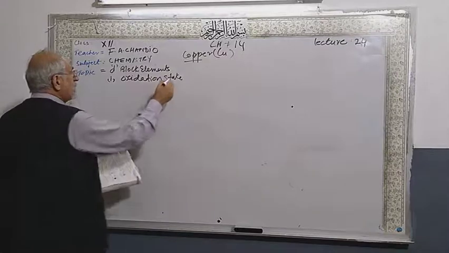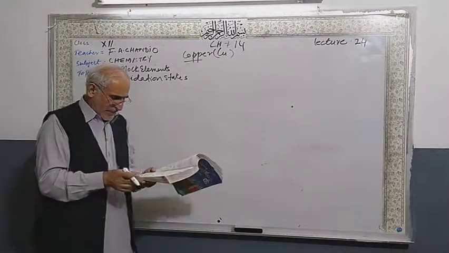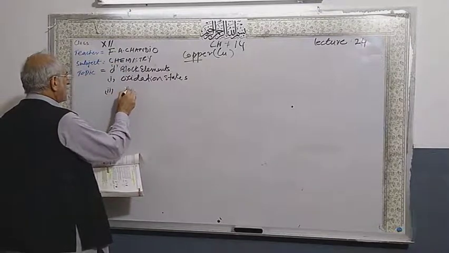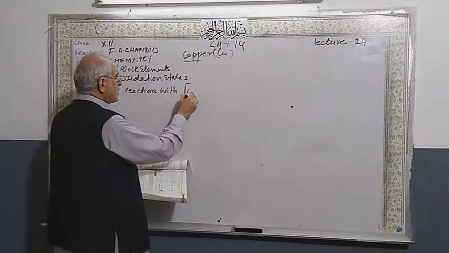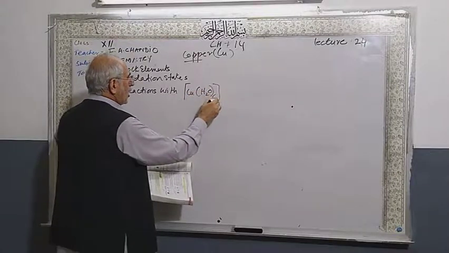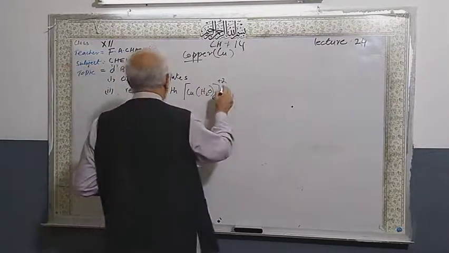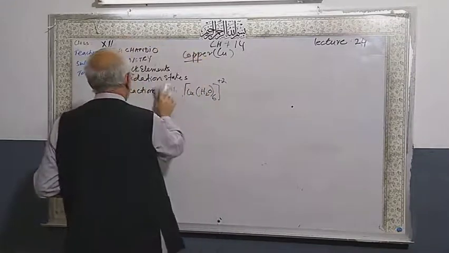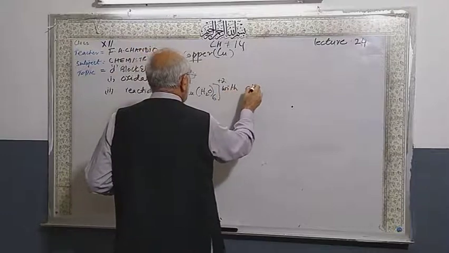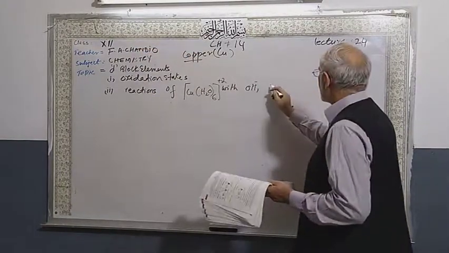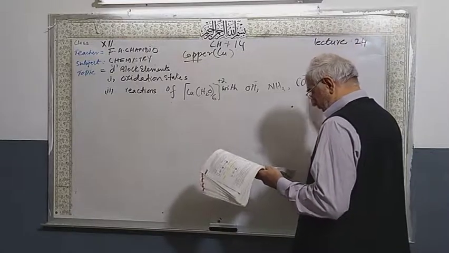Number one is the oxidation states, and number two is the reaction of hexa aqua copper 2 with hydroxide ions, number one hydroxide ions, number two ammonia, and number three carbonate. Already we discussed; so there are three here.